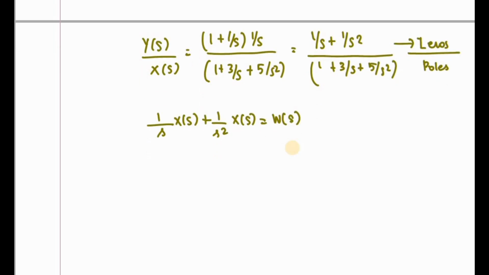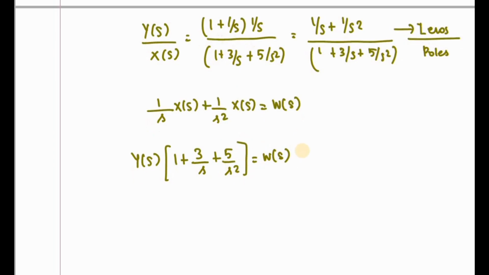In a similar way, if I multiply Y(s) with this, Y(s) into 1 plus 3 divided by s plus 5 divided by s square is equal to W(s). So this is for direct form 1.